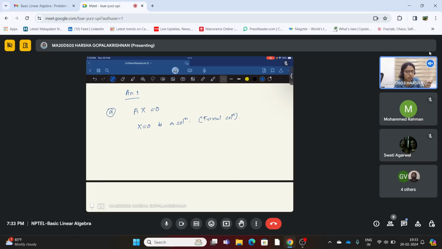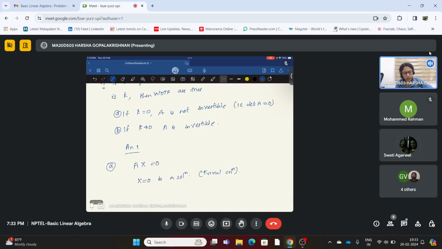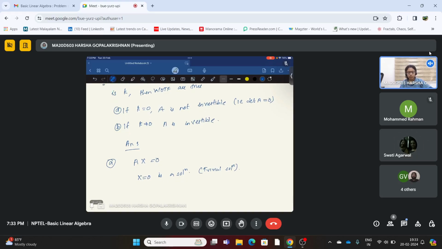Sum of the entries of each row equal to 0. Okay, so using that, yeah, if determinant of A equal to 0, then also this equation will be satisfied, right? But can you conclude that determinant is 0 always?